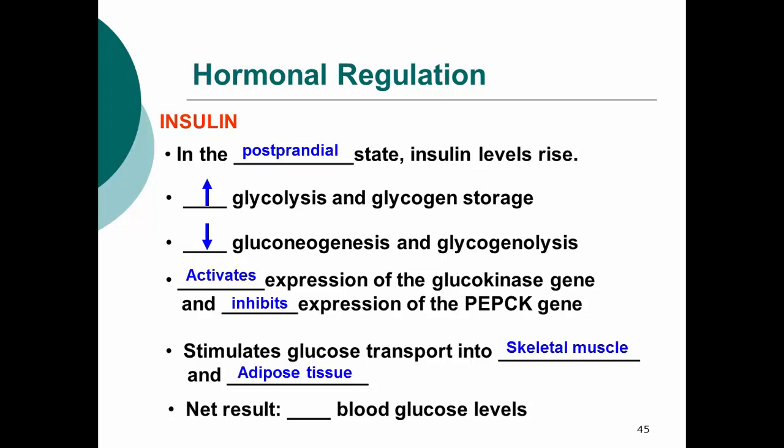So what about the net result? Blood glucose level when insulin level is high. Decrease, right? Yes, it's a decrease. Great. So try thinking about how insulin coordinately regulates these two opposite glucose metabolic pathways in the fed condition.